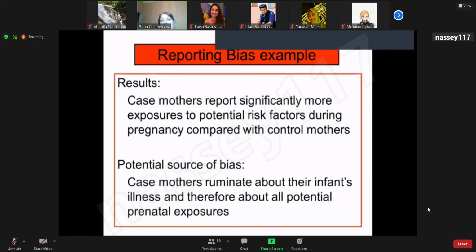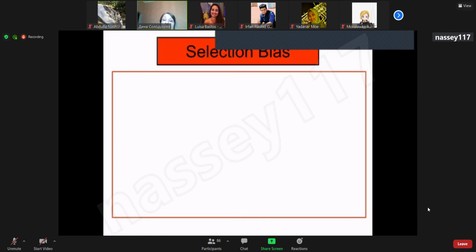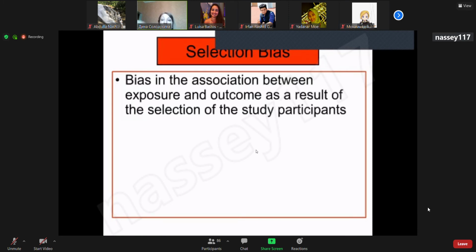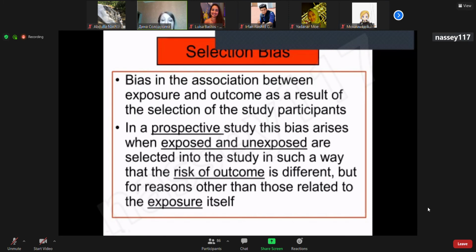Another type of bias is called selection bias. Selection bias starts at the level of selection of subjects, and typical selection bias happens when in a prospective study we select exposed people and non-exposed people, and we know that the risk of outcome is different, for reasons that can be absolutely different and not related to exposure itself.